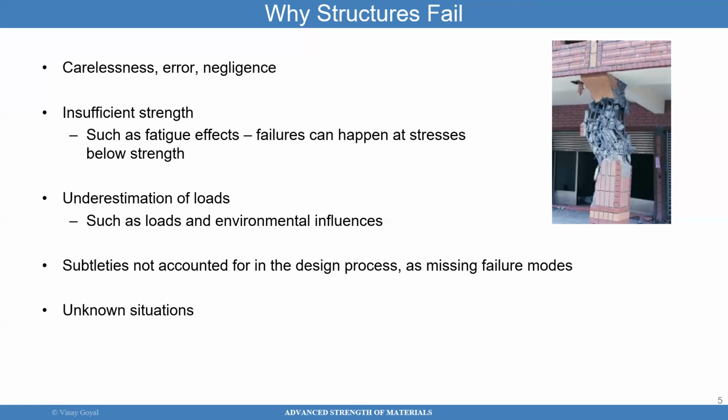Another potential reason why failures could occur is that you underestimated the load. For example, a rocket that takes off, maybe somebody did a calculation, dynamic analysis, that showed that the maximum load you could see is 1.5 million pounds.